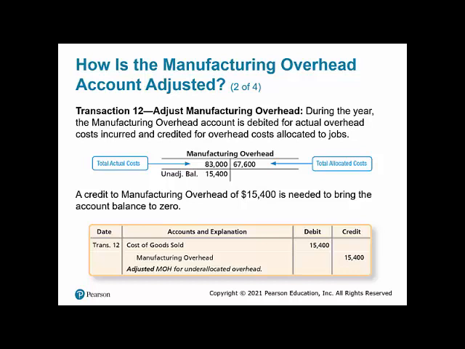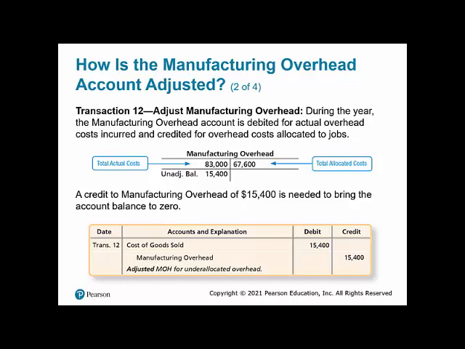So let's look at what happened with Smart Touch Learning. During the year, Smart Touch Learning recorded all of the actual cost of manufacturing overhead as debits to the manufacturing overhead account. Then, as the manufacturing overhead was allocated to the individual jobs, a credit was made to manufacturing overhead, and a debit to work in process inventory. At the end of the year, manufacturing overhead had an unadjusted balance of $15,400.